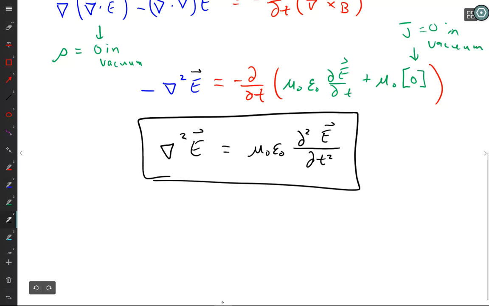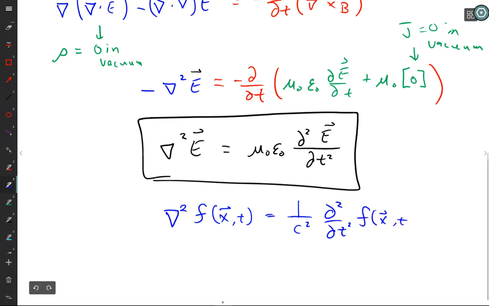So in general, del squared F equals 1 over c squared, second derivative with respect to time. That's the general equation for a wave equation.